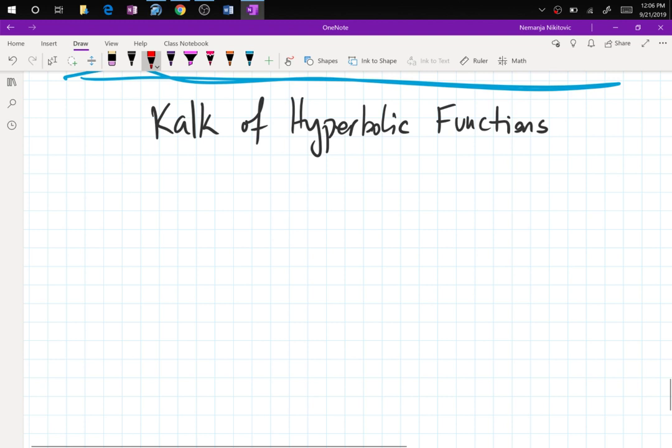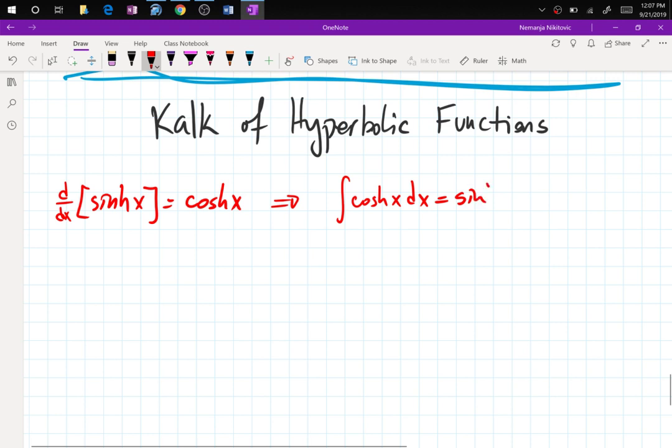So here we go with the first one. The derivative of sine hyperbolic x is cosine hyperbolic x. And immediately read that backwards: the integral of cosine hyperbolic x dx is sine hyperbolic x plus c. So this is 2 out of 12 already. If you delete these h's, you will have exactly the trig formula you know.